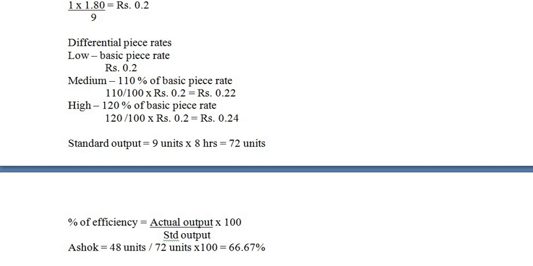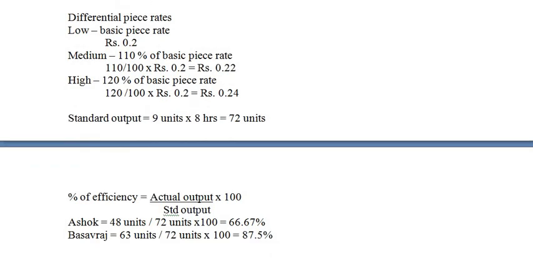Next is Basavraj. His production is 63 units and standard output is 72 units into 100. So which will be equal to 87.5%.